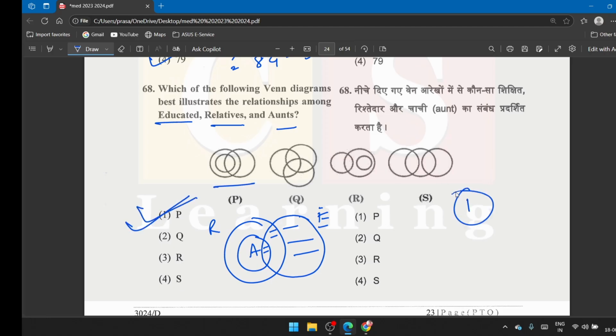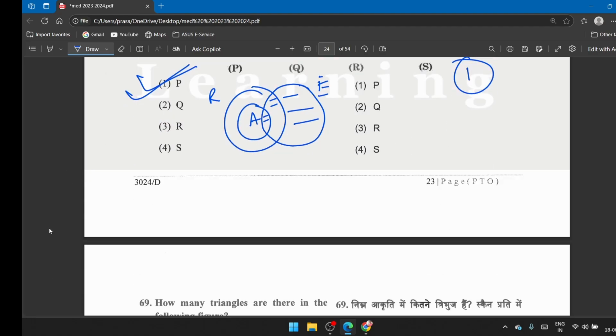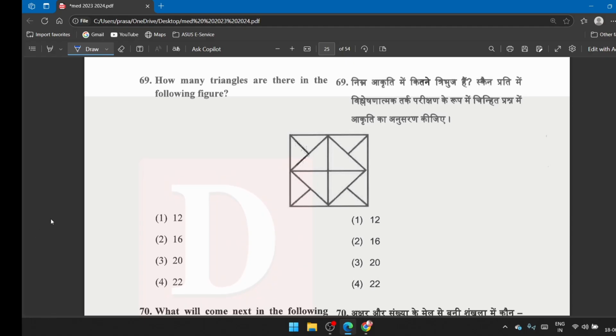Okay, how many triangles are there in the following figure? 1, 2, 3, 4, 5, 6, 7, 8, 9, 10, 11, 12. 12 out of single figures. Now if I combine, 1, 2, 3, 4. Okay, 4.